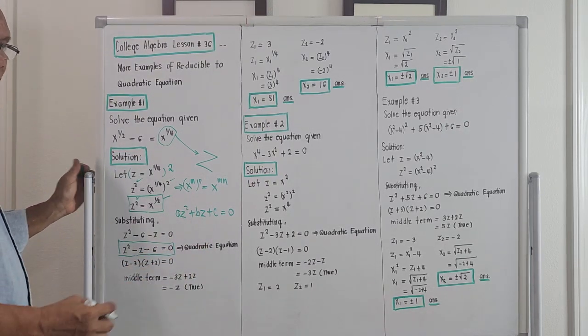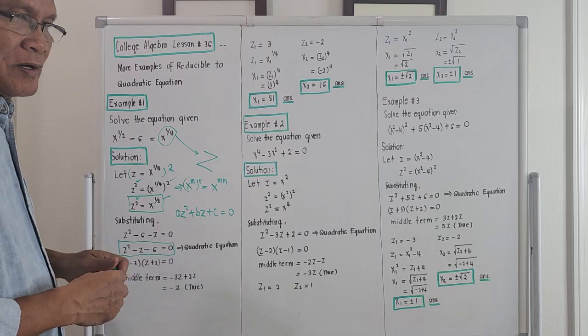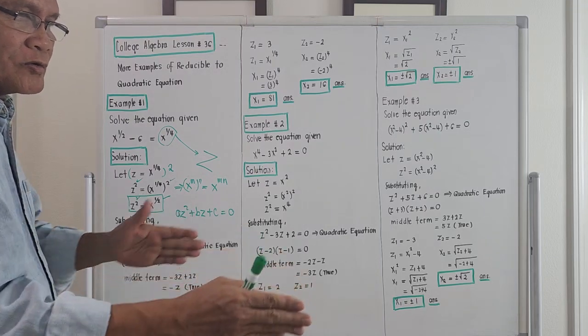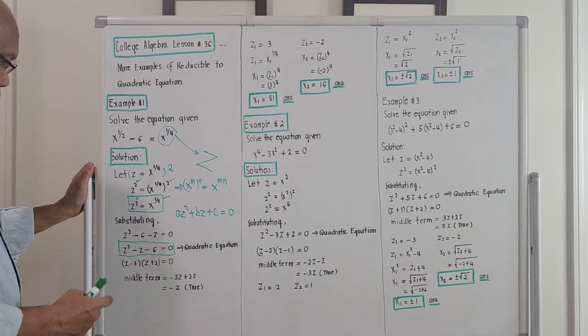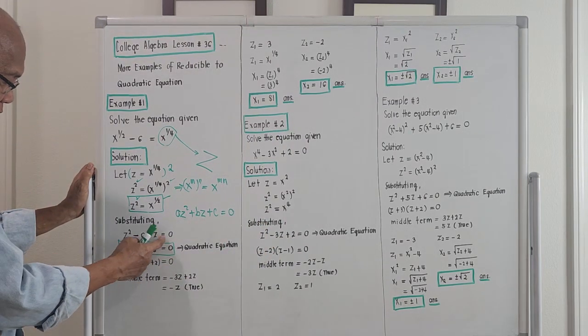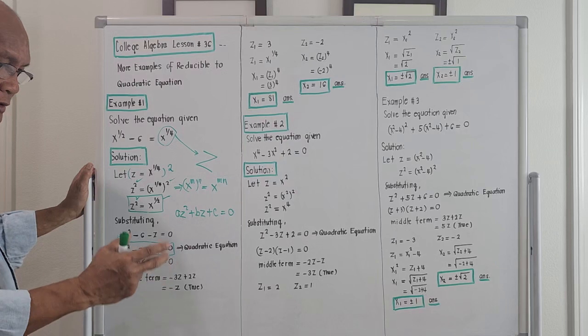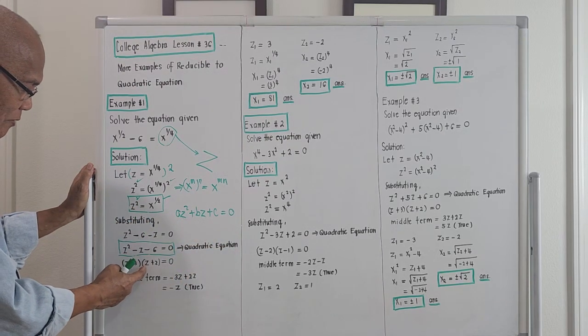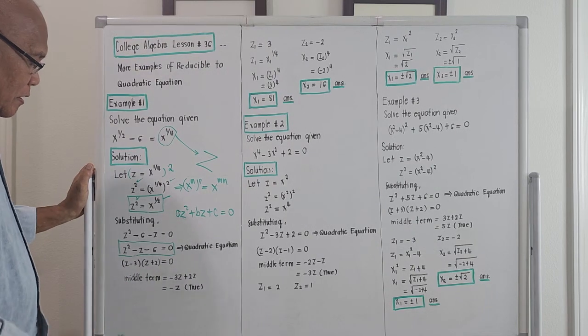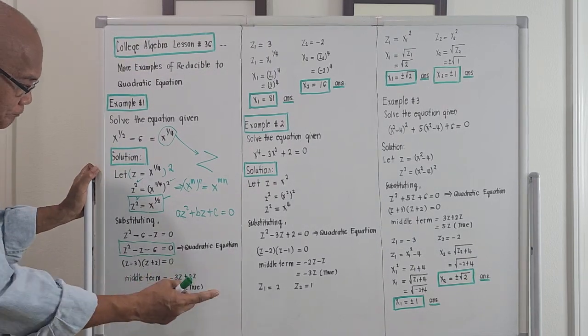Okay? If we try to bring out the solution, the smartest solution for this one, or the simplest, will be by factoring. So z squared minus z minus 6 can be factored out to the product of a binomial, z minus 3 times z plus 2. Let's try to check the middle term.